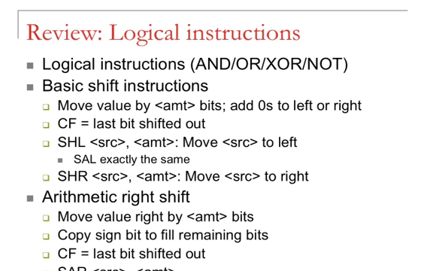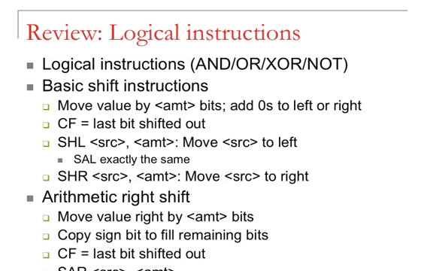And we have two instructions, SHL and SHR, for shifting in different directions. The format is the same. The first operand is the source, and the second operand is the amount. But the source is also used to store the result, so it's both source and destination.